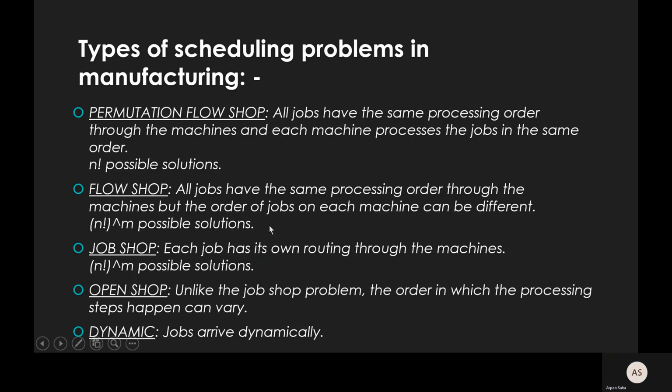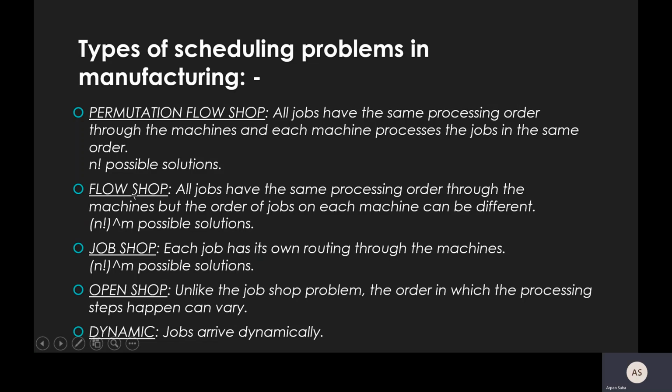So if we go for exhaustive enumeration, then we will have to go through n factorial to the power m number of possible solutions. Now let us come to permutation flow shop. This is actually a special case of the flow shop problem where all jobs have the same processing order through the machines, but here each machine processes the jobs in the same order as the processing order of the jobs.